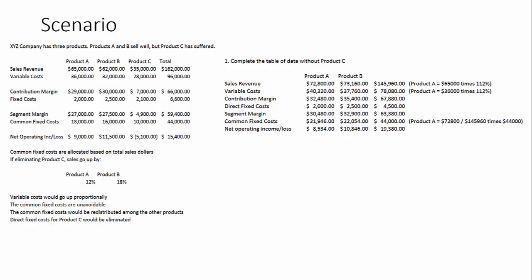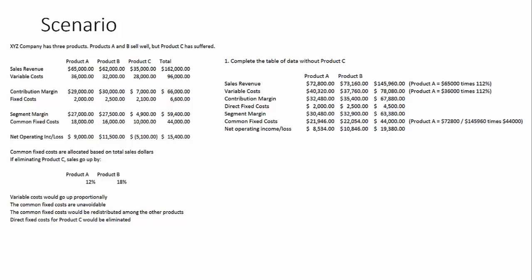A similar calculation has been calculated on product B, where you take $62,000, multiply it by 118%. That gets you the $73,160. Now, variable costs, similar calculation. For product A, you'll take $36,000, multiply by 1.12, and for product B, you'll take $32,000 and multiply it by 1.18.